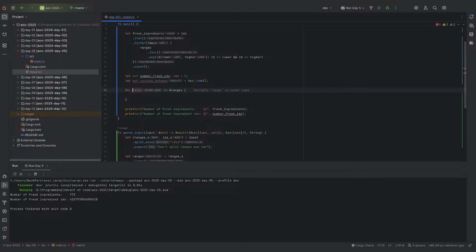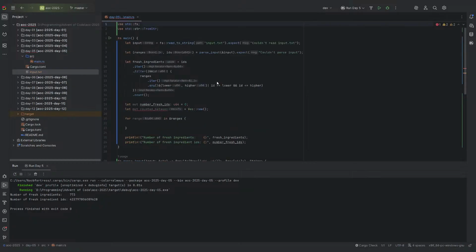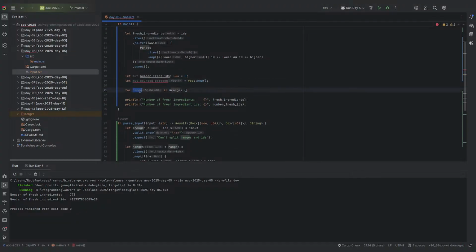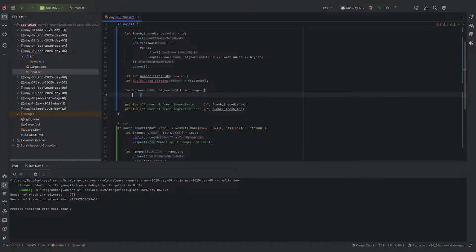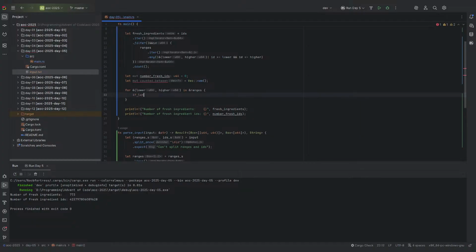Probably better to borrow here. Okay, so I can't just check these ranges.